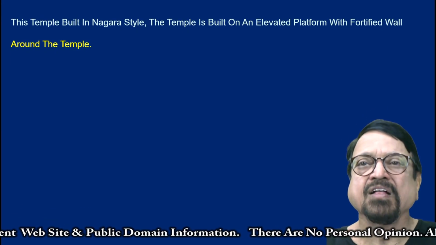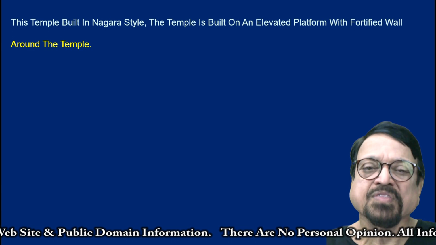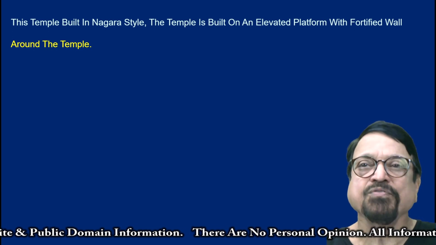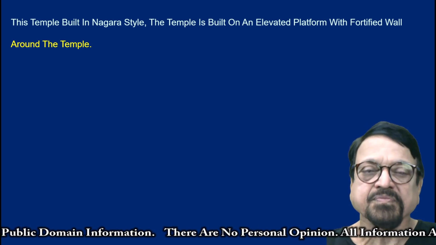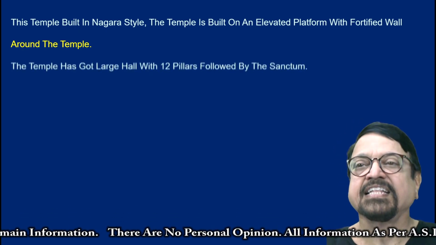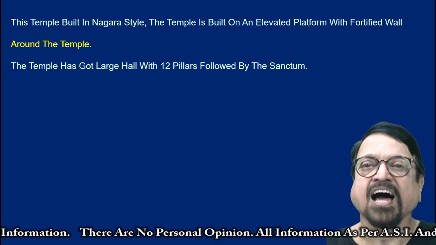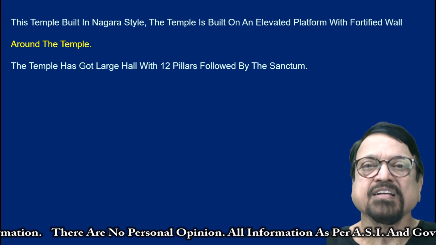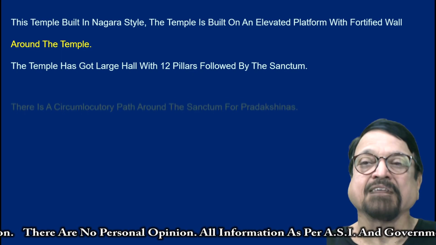The temple, I told you, has dominating features of Nagara style. It has an elevated platform, that is again a specialty of Nagara style. Then the temple has a large hall with 12 pillars, followed by a sanctum.